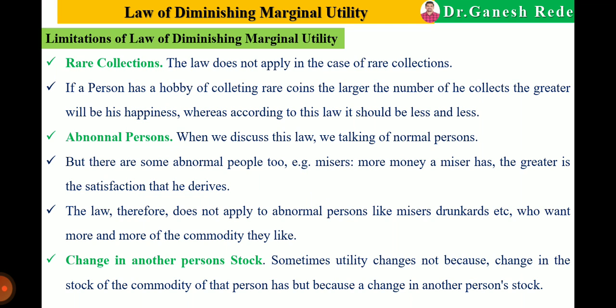Suppose a particular person has a hobby of collecting rare coins, rare notes. He will get more and more satisfaction as he collects more and more notes and coins. So in such a case, the law of diminishing marginal utility is not applicable.